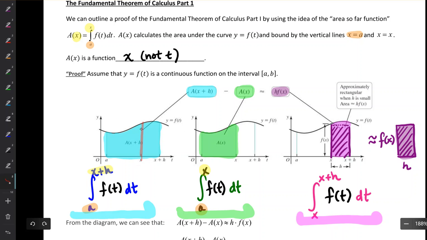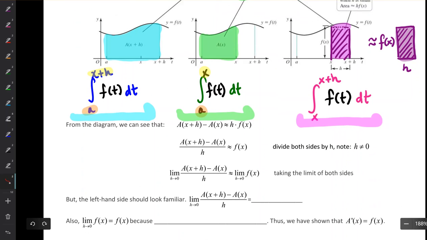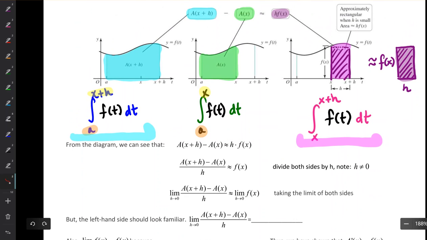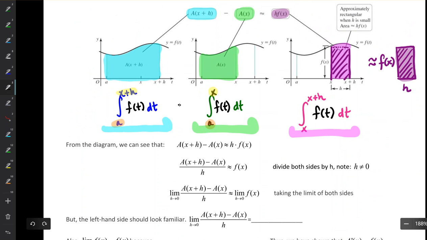If I chop off the green, I've got the pink remaining. So blue minus green is very close to purple area. And that's exactly what we have written right here. Just made it a little bit smaller. Blue minus green is exactly pink, and pink is almost purple, right?